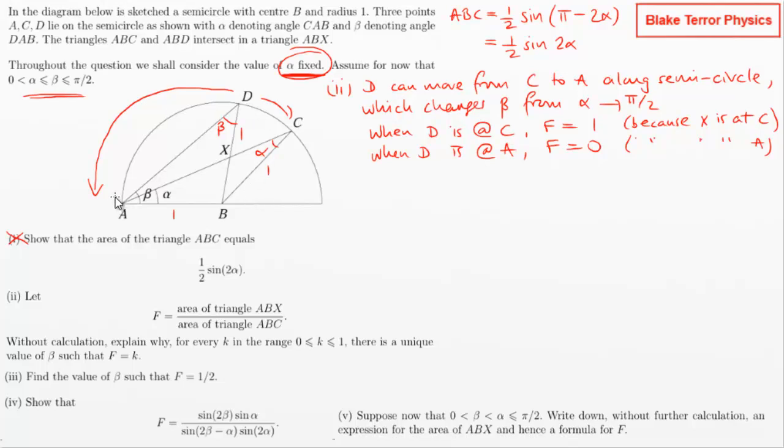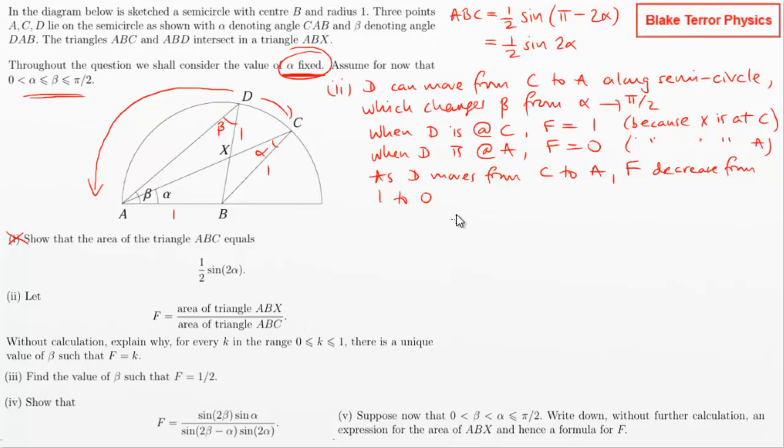So what am I going to say? Explain why for every K in the range 0 to 1, there's a unique value of beta. As D moves from C to A, F decreases from 1 to 0.